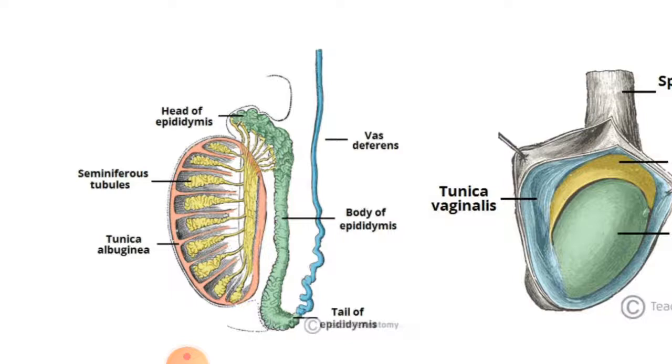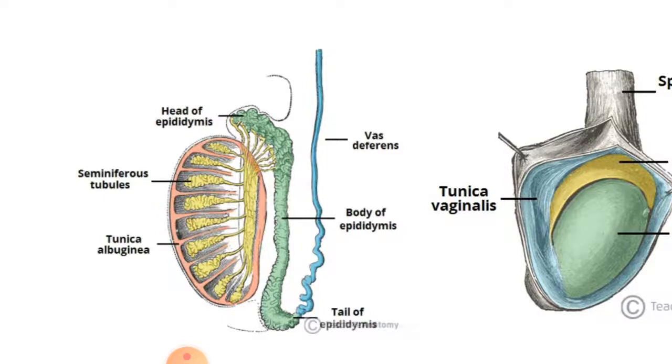Now we will talk about the structure of the testes. As you can see, the lobules here are formed by the ingrowths of the tunica albuginea.